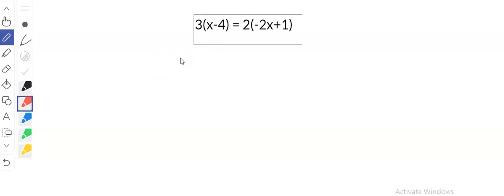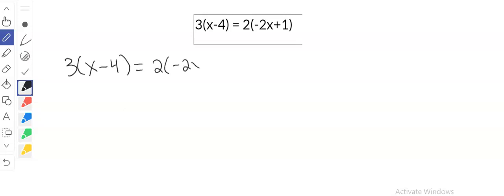Okay? So one of the things you need to do when you see this problem, 3 parentheses x minus 4 is equal to 2 minus 2x plus 1, is you have to understand that this 3, you need to distribute it. So basically, think of it as this 3 is trying to enter the house and it needs permission.